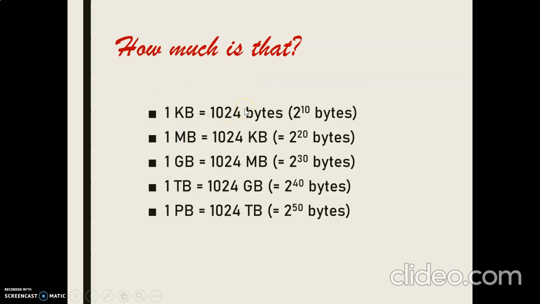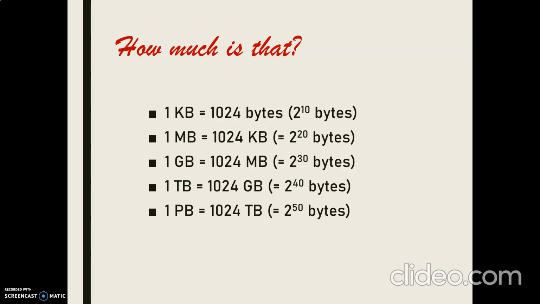You have to know how much is 1 kilobyte and how much is 1 megabyte. We always use, for example, megabyte and gigabyte to represent the storage capacity of our device. For example, maybe you have a pen drive of 16 gigabyte. You have to know what that means.